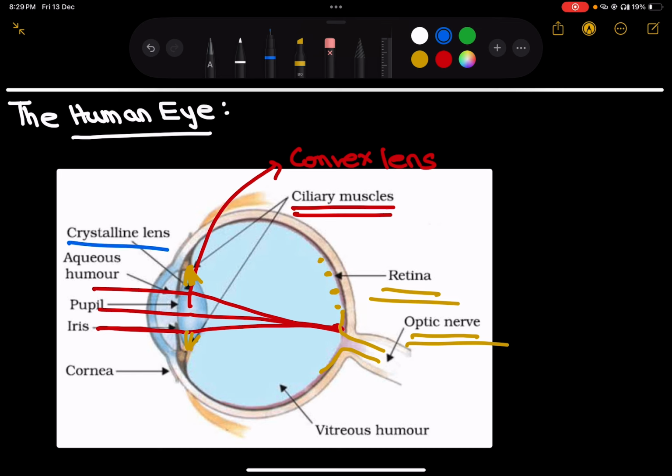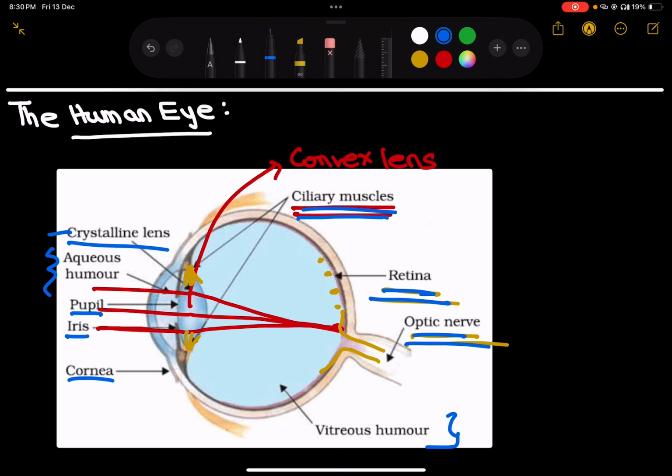So we have seen the cornea, then the iris, pupil, lens, then the ciliary muscles, then the retina and the optic nerve. Two more things are remaining, which are aqueous humor and vitreous humor. Basically, these are liquids. These liquids fill all the gaps present in our eye, because it cannot remain empty, it will dry up.